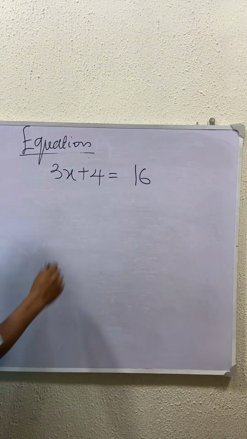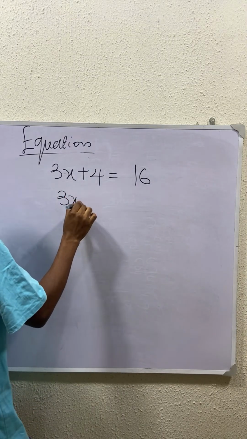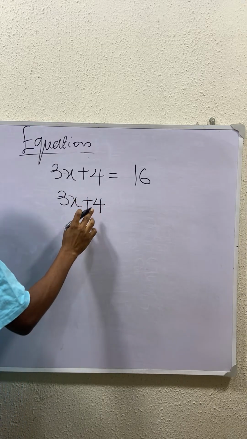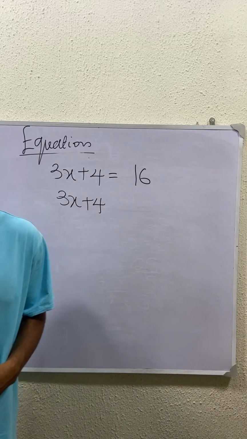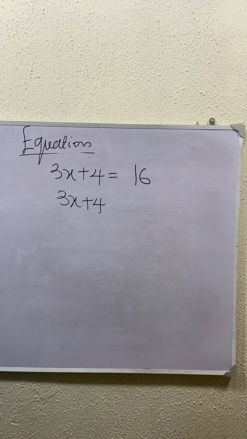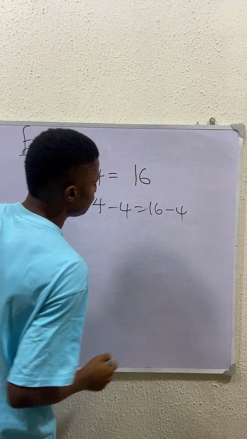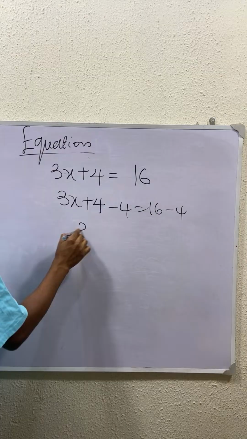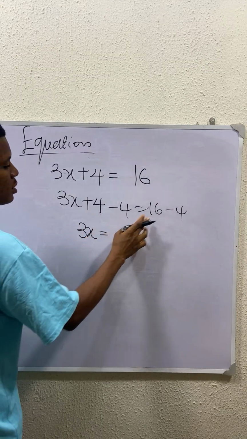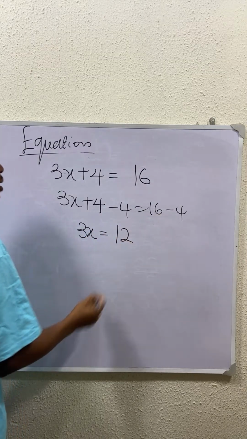Since you have a positive 4, you have to take away 4. So when you subtract 4 from both sides, you have 3x plus 4 minus 4 is equal to 16 minus 4. So 4 minus 4 is 0. That means 3x is equal to 16 minus 4, which is 12.